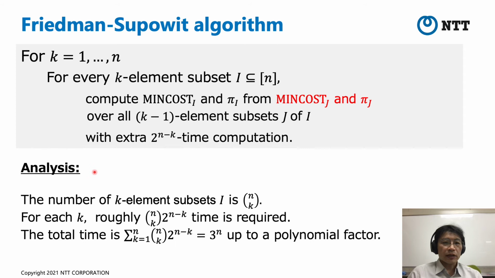Its analysis is rather simple. The number of k-element subsets I is n choose k by definition, and for each k, roughly n choose k times 2 to the n minus k time is required. So the total time is the sum of this amount over all k, which is 3 to the n, up to a polynomial factor.